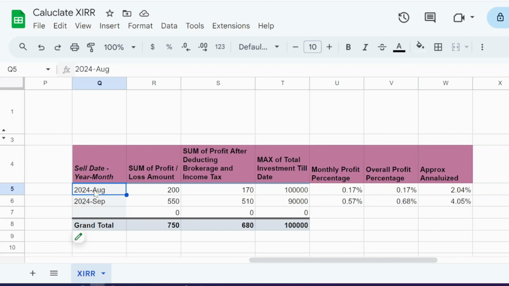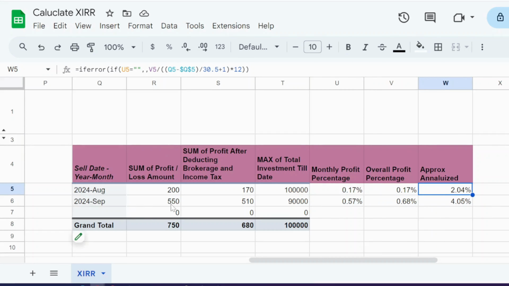Like in August, what is the sum of profit amount, what is the sum of profit amount after deducting the brokerage and income tax, how much is the max investment for August, what is the monthly profit percentage, that is 0.17%, what is the overall profit percentage, and what is the approx annualized for August.